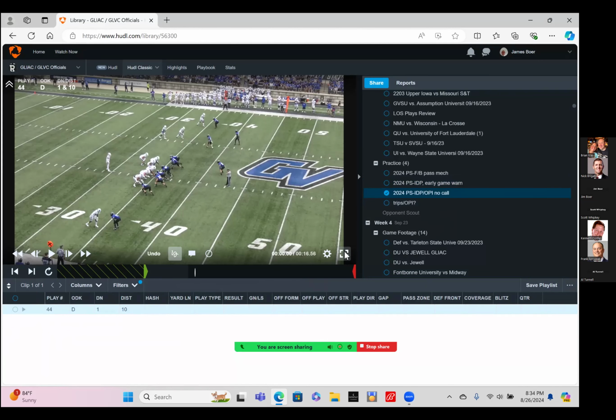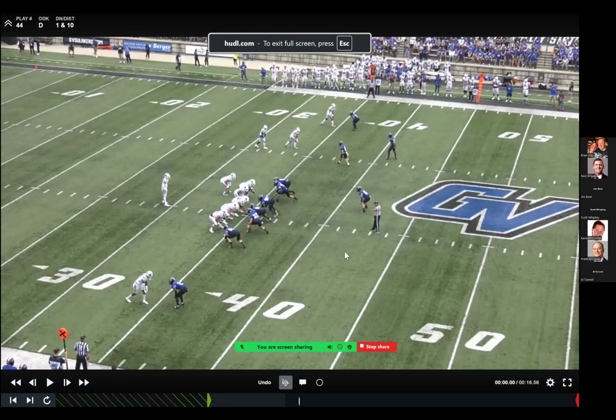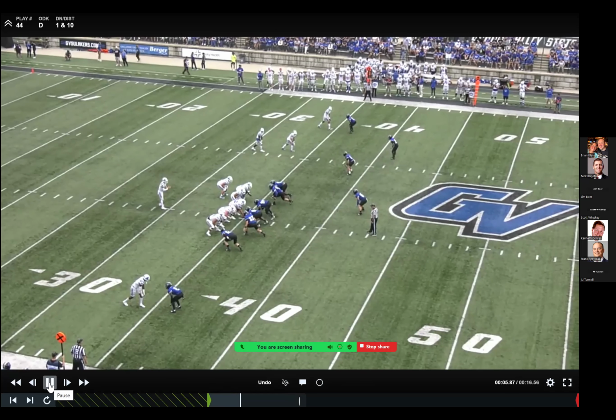This has a little bit to do with the play before where we had the screen pass go a little awry. Somewhat the same situation. Play this one through.